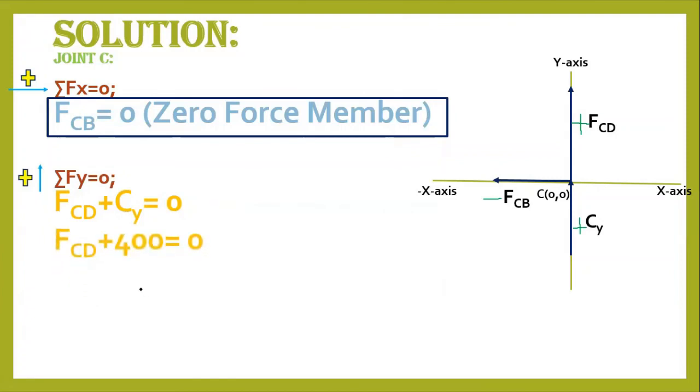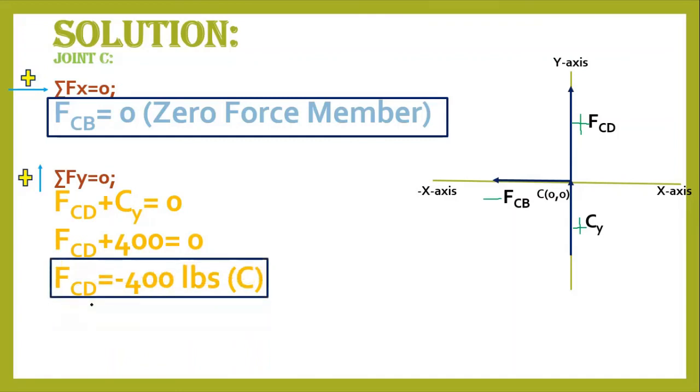FCD plus 400 equals 0. So FCD equals minus 400 pounds. And if the magnitude comes with a negative sign, what does it mean? The force nature is compressive. So this member force is in compression. So this is the way to calculate the member forces at joints by using the joint method.